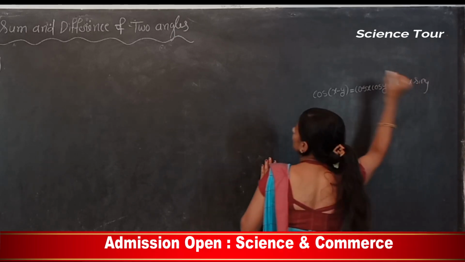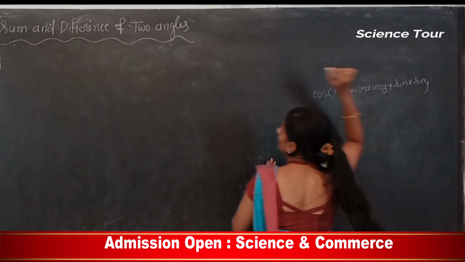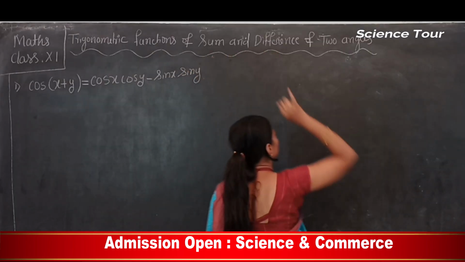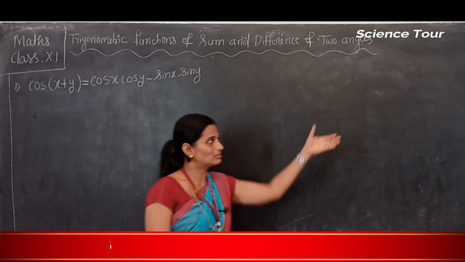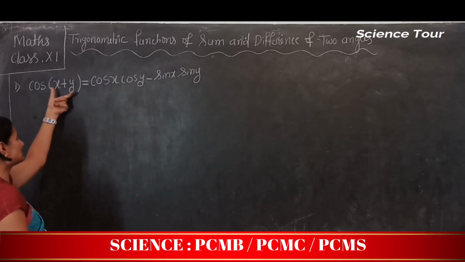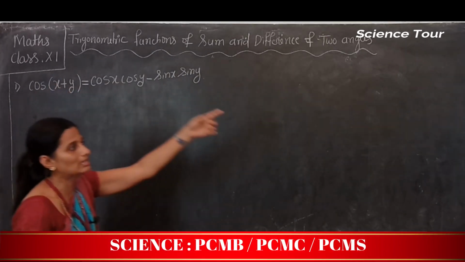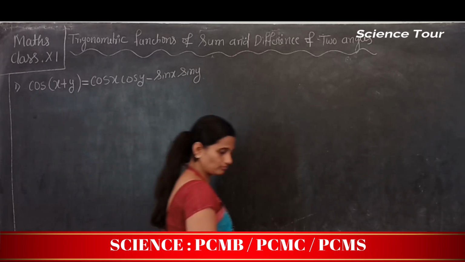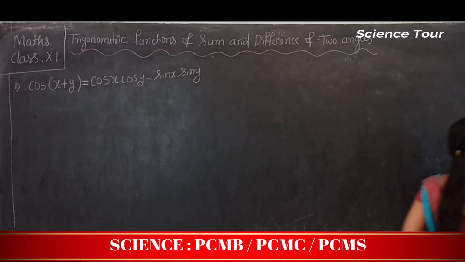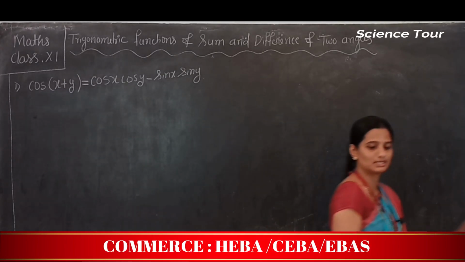Those are the formulas. This one is related to the sum of two angles, that one is related to subtraction, that means the difference of two angles, which we will discuss later.